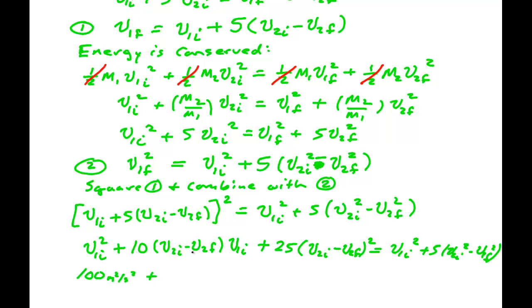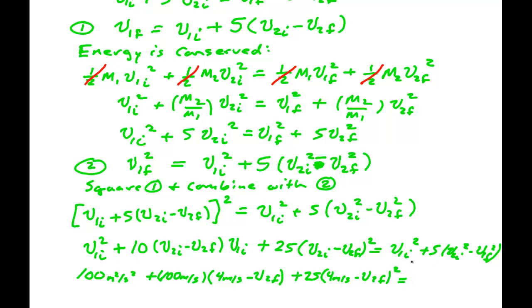This is 10 meters per second, so this is 100 meters per second, and then it's multiplied by 4 meters per second minus V2F. This over here is 25 times 4 meters per second minus V2F squared.